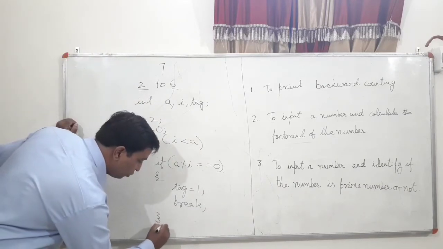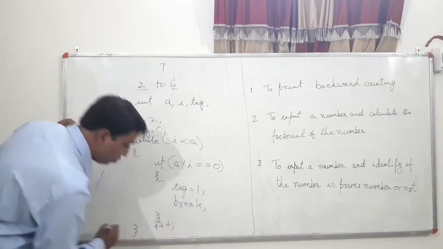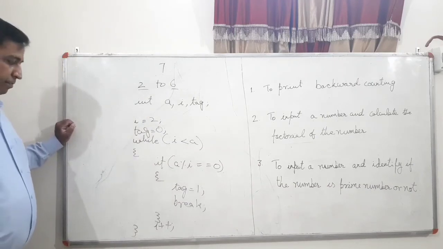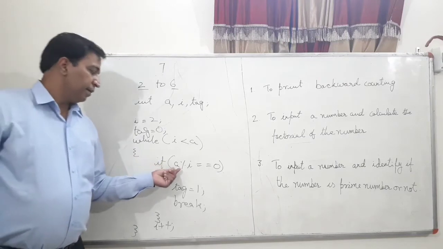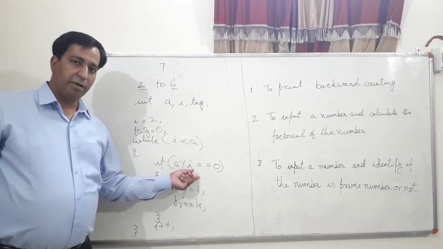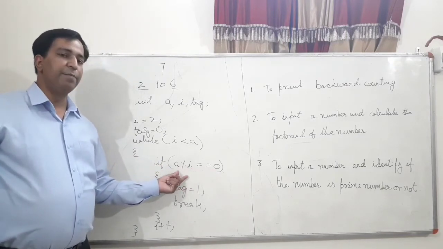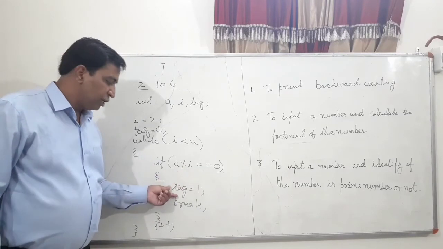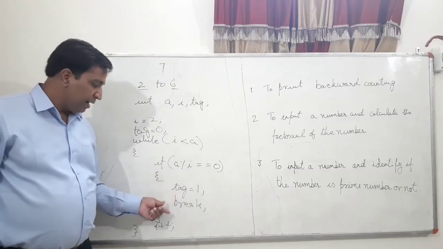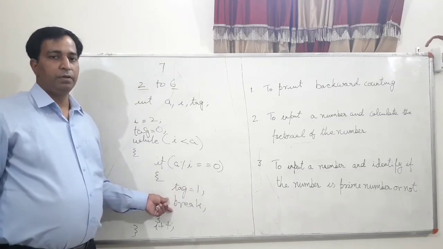Otherwise I's value will be incremented by 1. Now what is happening here is, if a's value is divided by some other number, that means if remainder comes 0 by dividing by some other number, then change the value of tag and discontinue the loop.